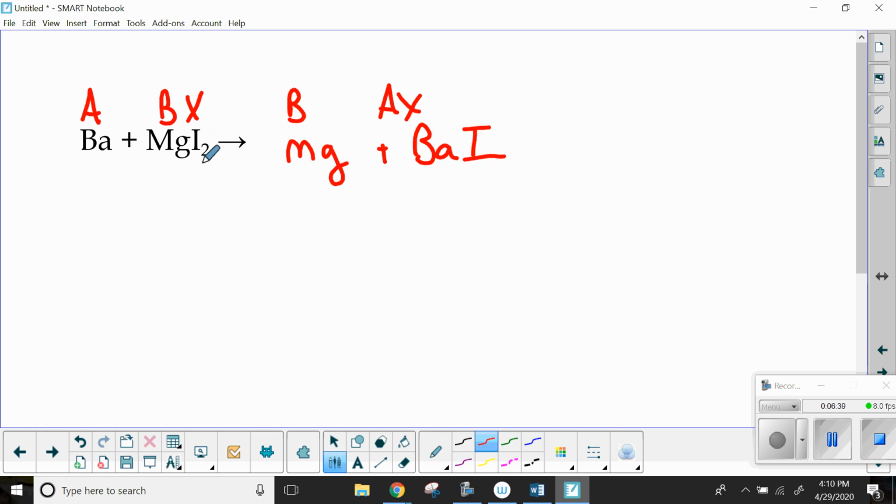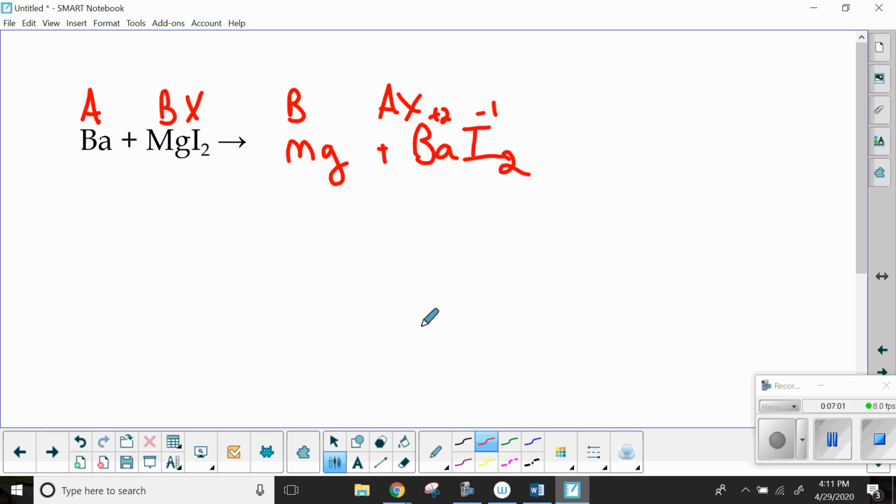Again, notice that 2 does not come over because I got to check my charges. Here's a Ba with +2, iodine with -1. Flip the charges, make them subscripts. 2 goes down there. And then I think I'm balanced. 1 Ba, 1 Ba, 1 magnesium, 1 magnesium, 2 iodines, 2 iodines.